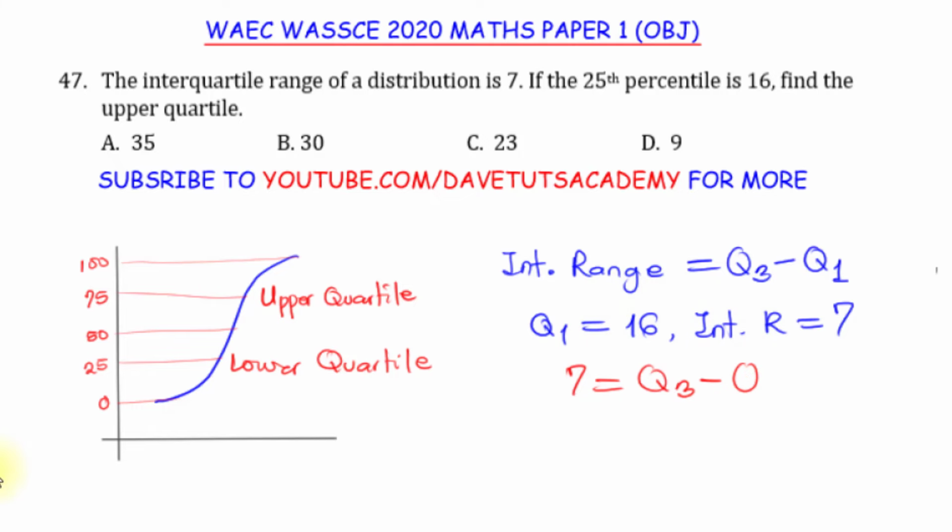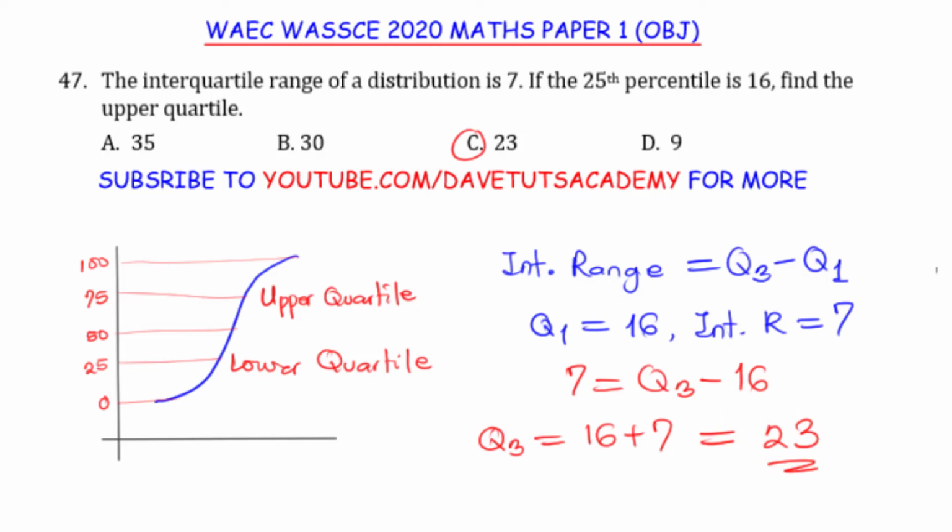So we can just put in the value as 16, such that Q3 will be 16 plus 7. When 16 moves to the left hand side, it will become positive, and 16 plus 7 is nothing but 23. So looking at our options, you can see option C is corresponding to that, and 23 is our answer. We just need to understand this particular set of percentile and the quartile for us to be able to find the interquartile range and substitute as appropriate to get our answer.